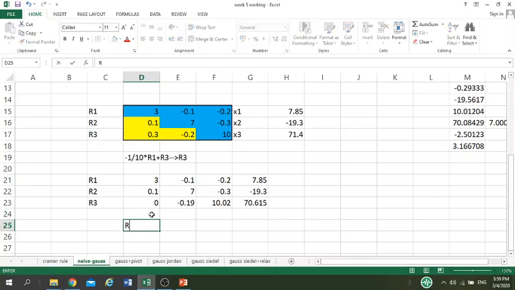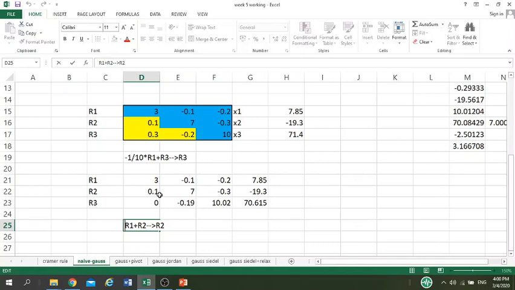Okay, let us do something on row 1 and row 3. Sorry, row 2. Okay, since I want to change this value of 0.1 into 0, in row 2, we need to multiply row 1 with a certain coefficient, so that when we add up with row 2, our 0.1 here becomes 0.